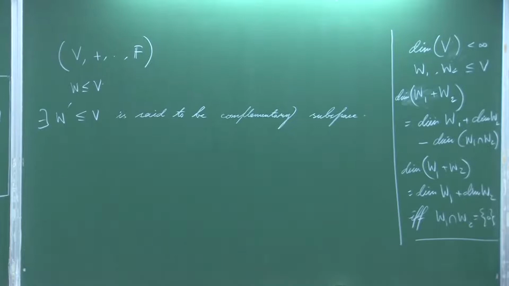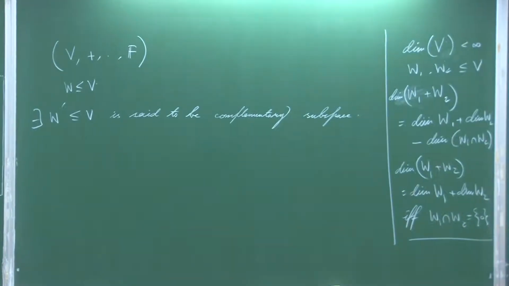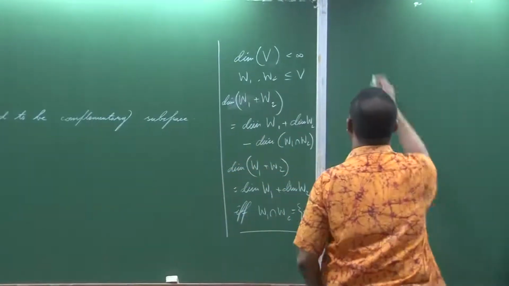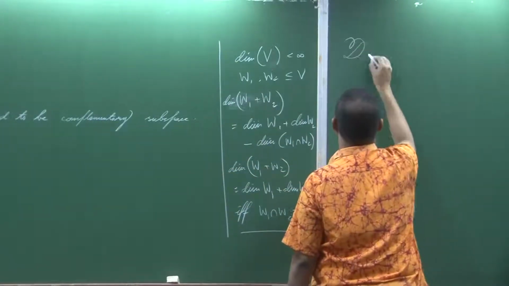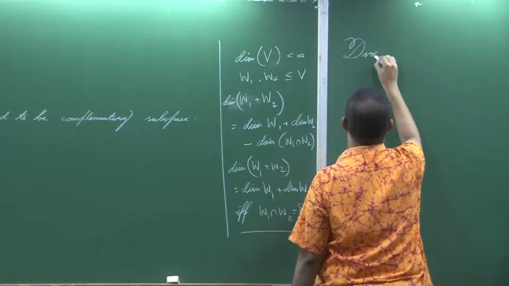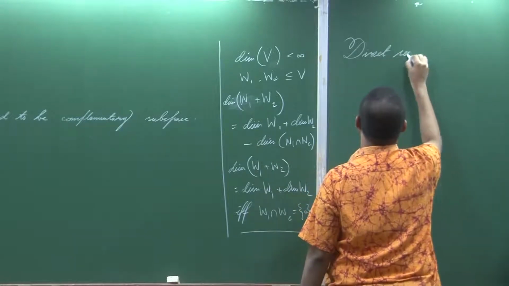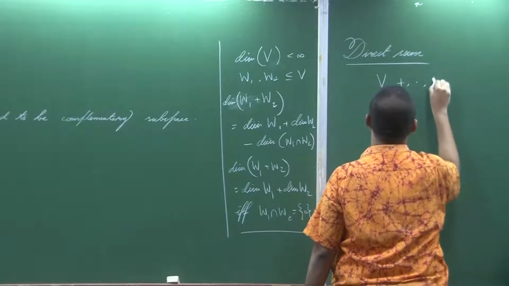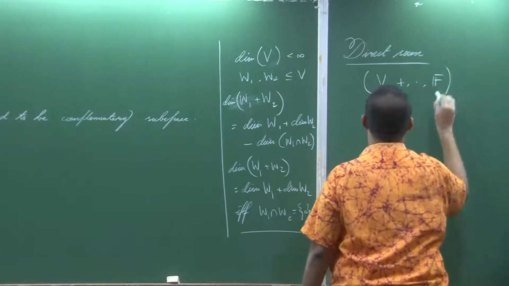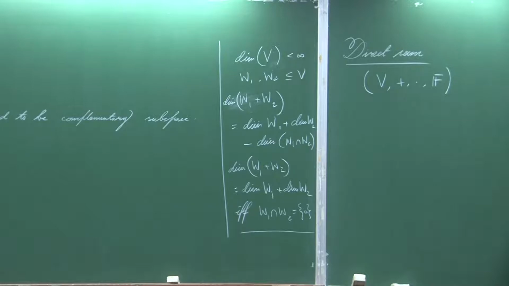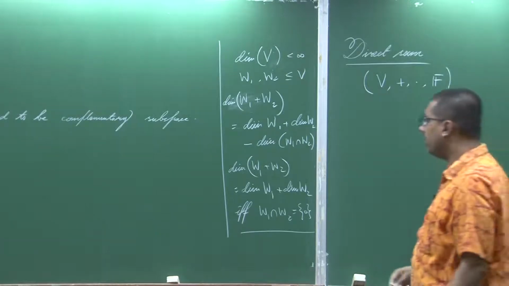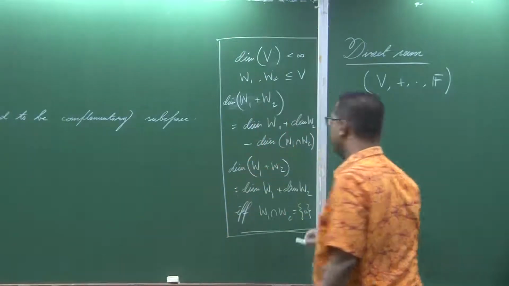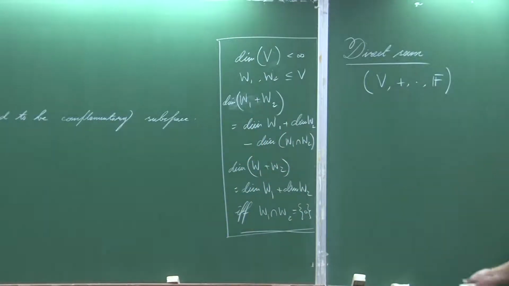Now we will make a definition in generality, we will come to this later. So, let us first define what I mean by a direct sum. Given a vector space V, the definition that I am going to set is in generality, I am not assuming it is finite dimensional. The finite dimensional case here I have just considered for motivation.